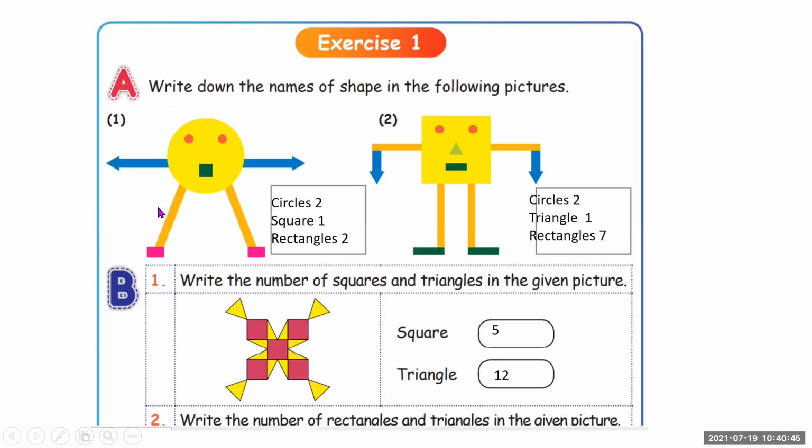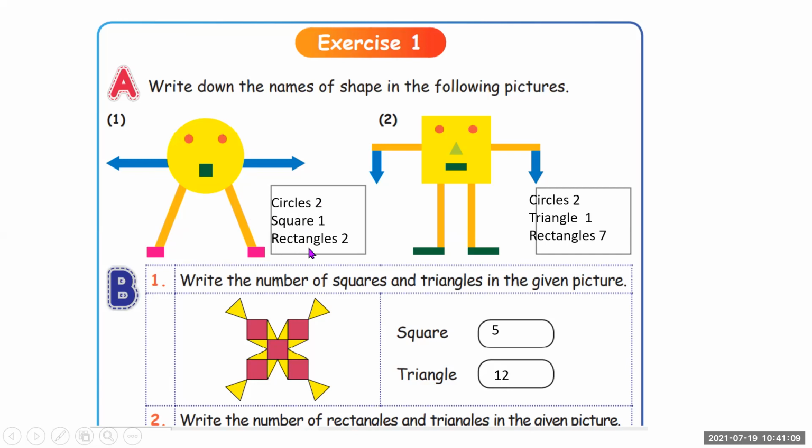Okay, now look at this picture. Let us find out how many circles, squares, rectangles each picture has. So if you look at this picture first, the number of circles, 1 and 2. 2 circles are there. Square, 1 square.